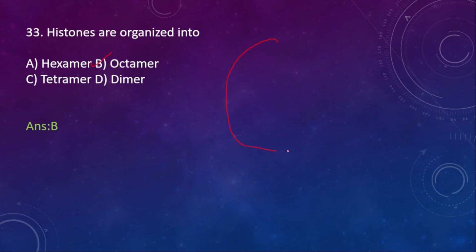If I say this is the histone, for simplification I am drawing this one. H2A, H2B, H3 and H4 there will be.